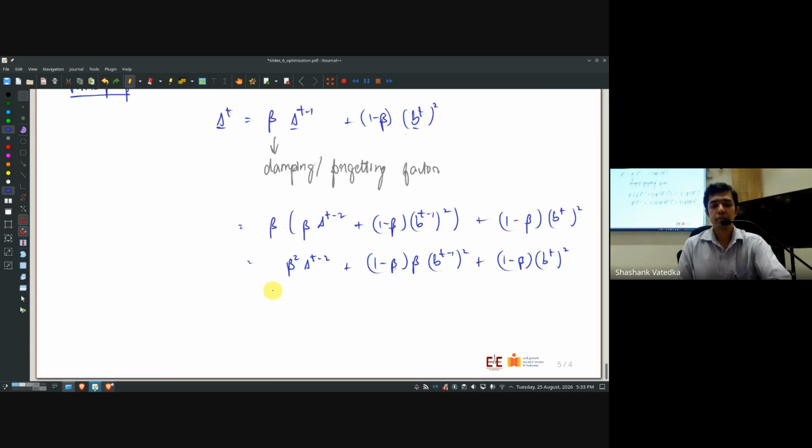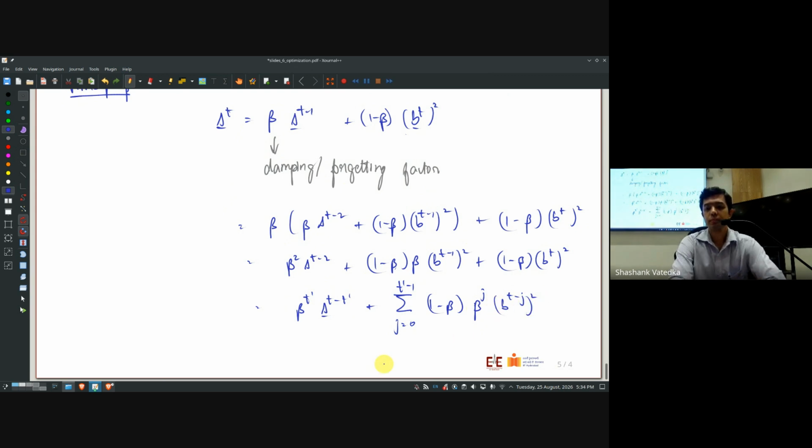So in general, this is equal to beta to the t prime times S_{t-t'}, plus the summation, let's say j equal to 0 to t' minus 1, of (1 minus beta) times beta to the j times b_{t-j} squared.